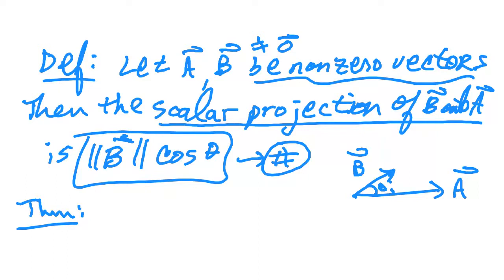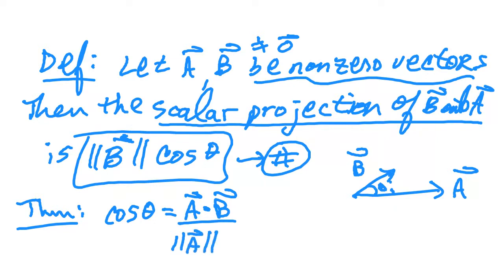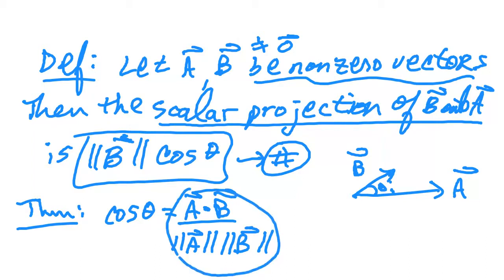we know from a theorem that cosine theta equals A vector dot B vector over the norm of A vector times the norm of B vector. So that was a theorem that we had a couple of days ago. So what I can do is plug this in right here for cosine theta.